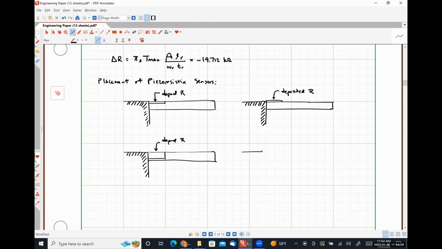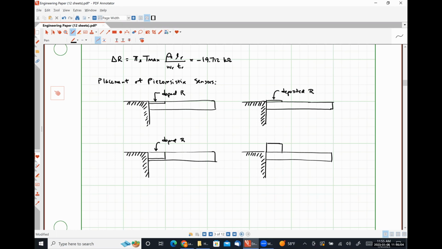And then for our deposited piezo resistor, if we make it too thick, we can obviously see that the cross-sectional area of our structure has significantly changed, which means we have to reevaluate effectively all of the math that went into the determination of our stress and things like that.